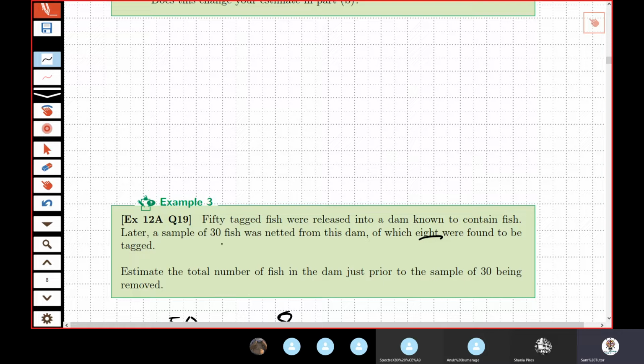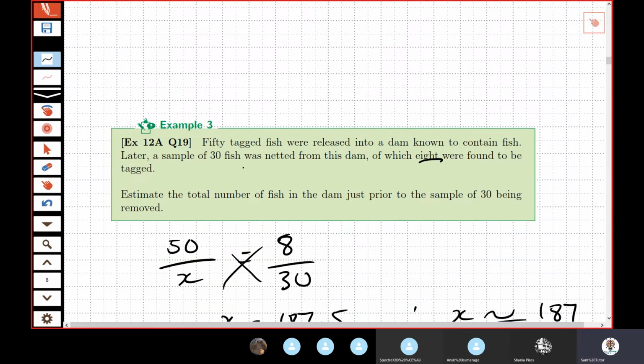So that doesn't sound so much like probability, right? But the logic is it's closer to ratios than it is to probability. And all it is, is that it's saying the ratio of 8 to 30, so 8 fish that you found were tagged out of a population of 30, must equal 50 tagged fish out of a population of X fish altogether.